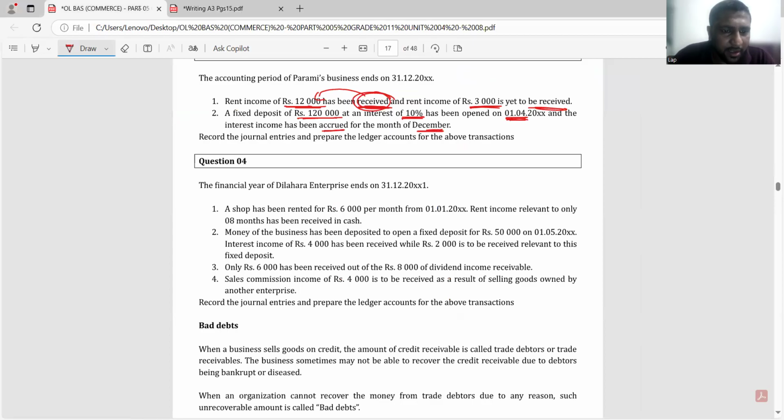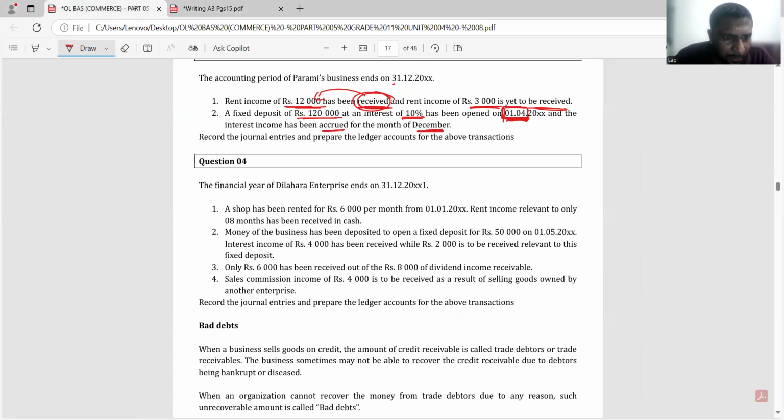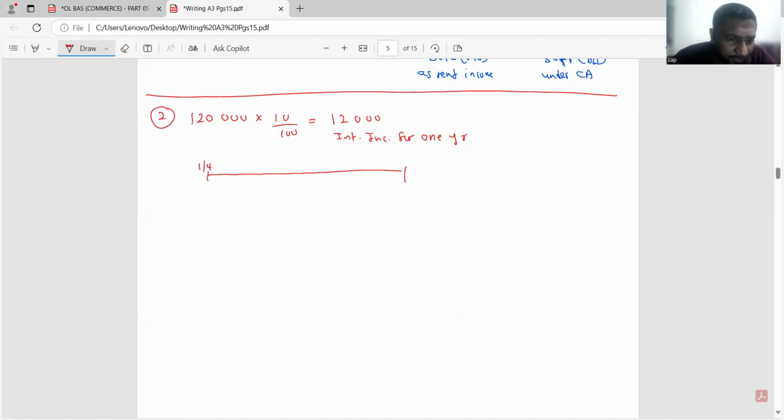Then understand. You open the fixed deposit on 1st April, and you are preparing the accounts on 31st December.